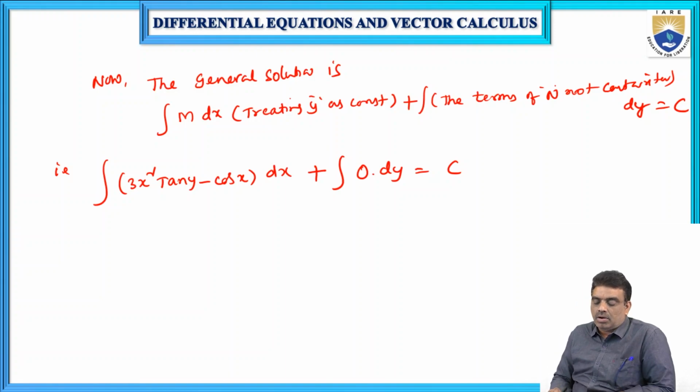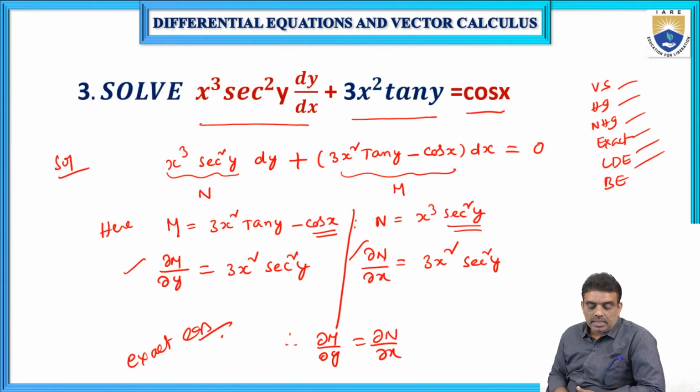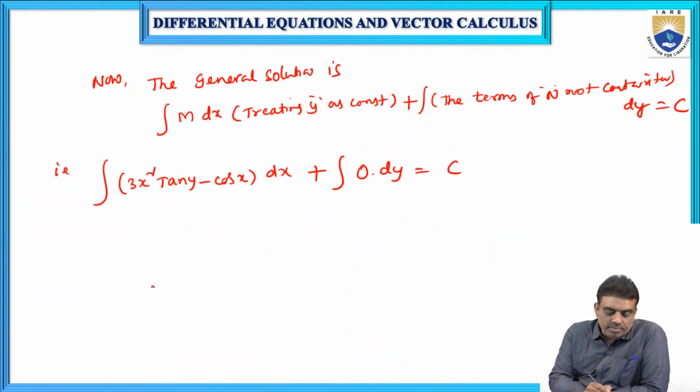The terms of N not containing x: there is only one term in N, that is x cube sec square y, which contains x cube. So 0 dy. Now we have to integrate with respect to x treating y as constant.